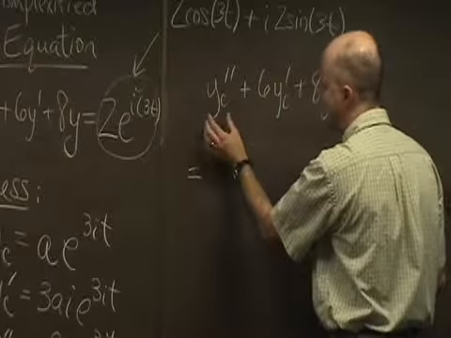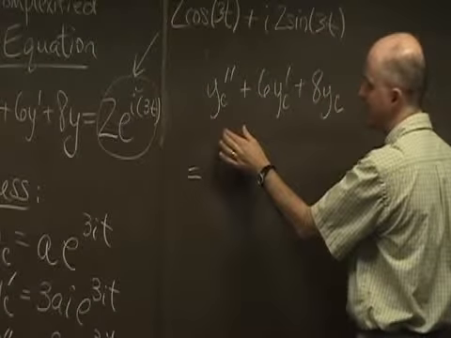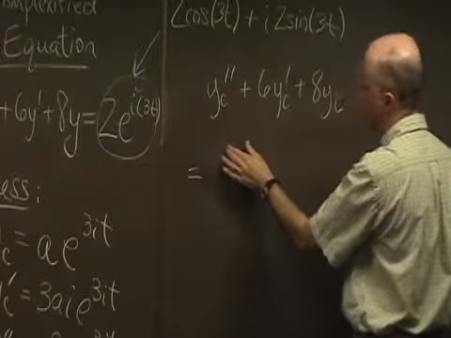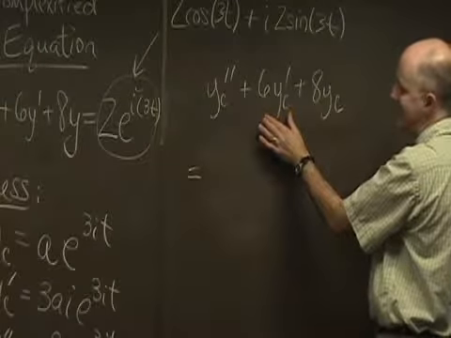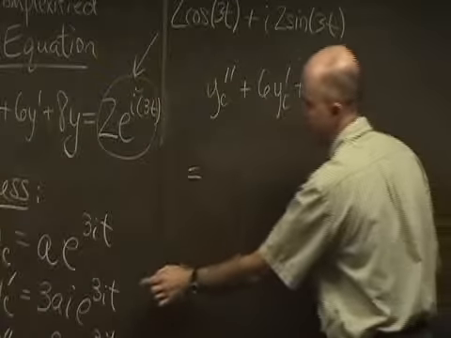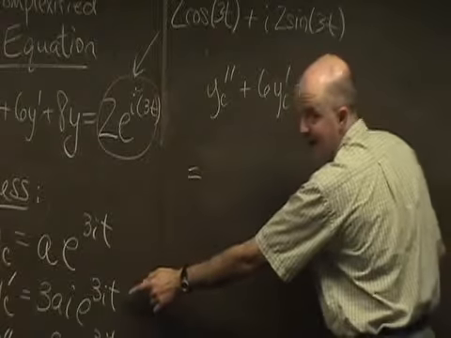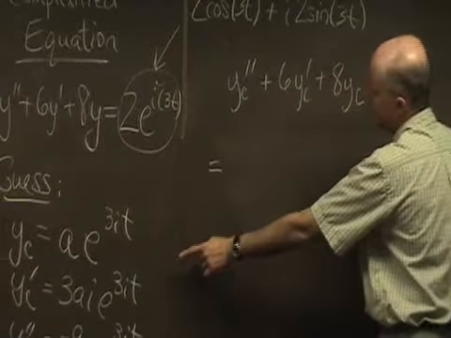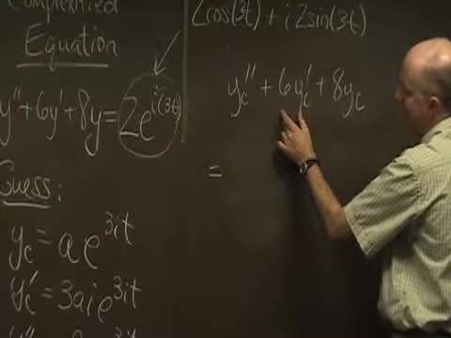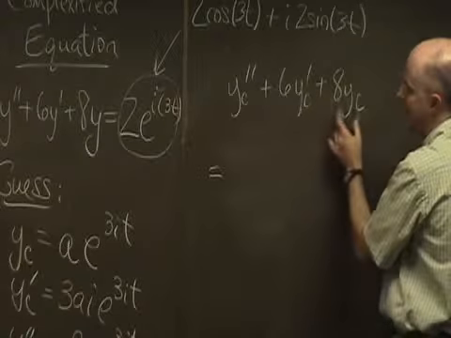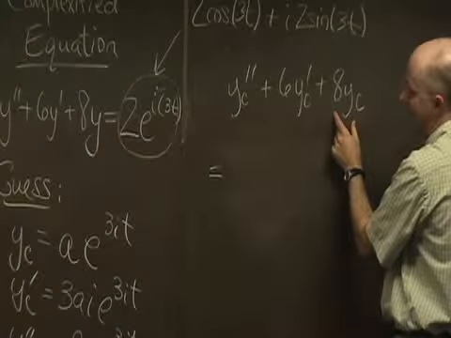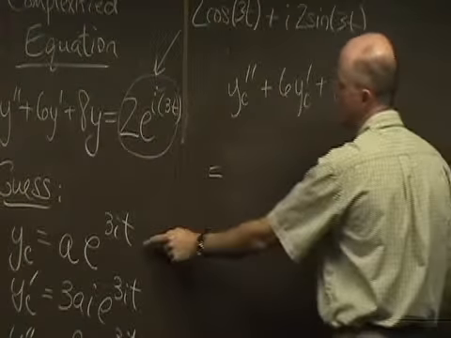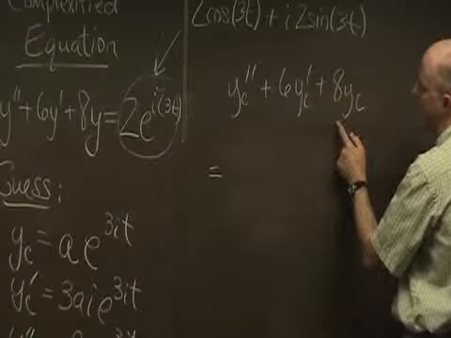I'll get negative 9a as my coefficient of e to the 3it there, plus 18ai, because I'm looking down here and multiplying that by 6, plus 18ai e to the 3it, and then plus 8a e to the 3it looking here and also right there.